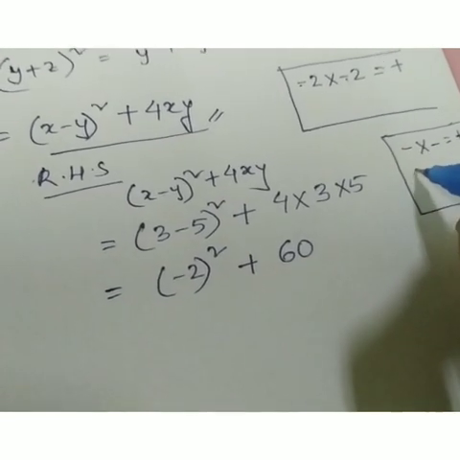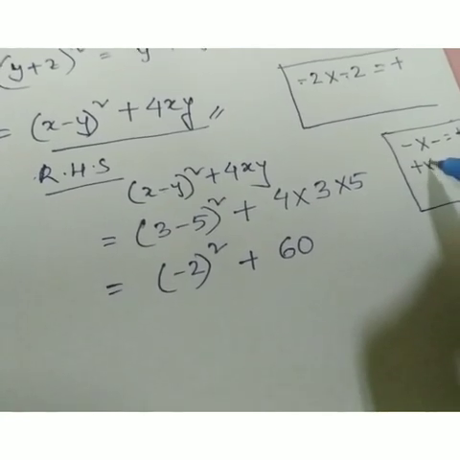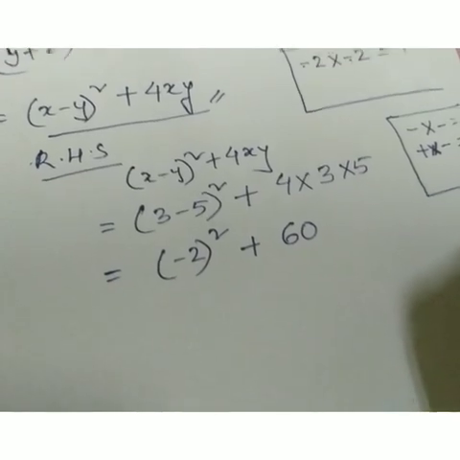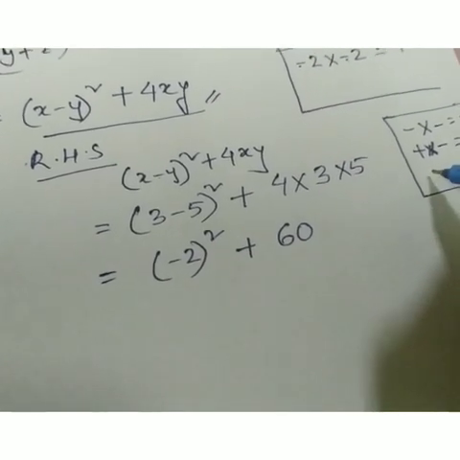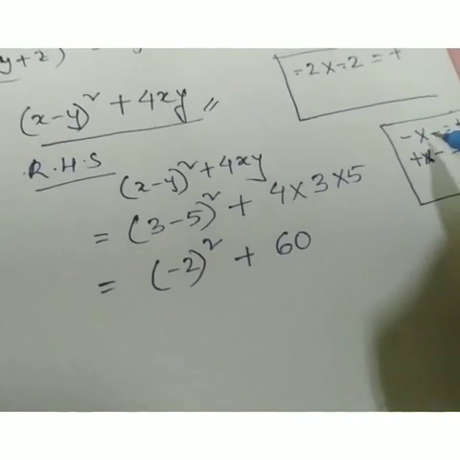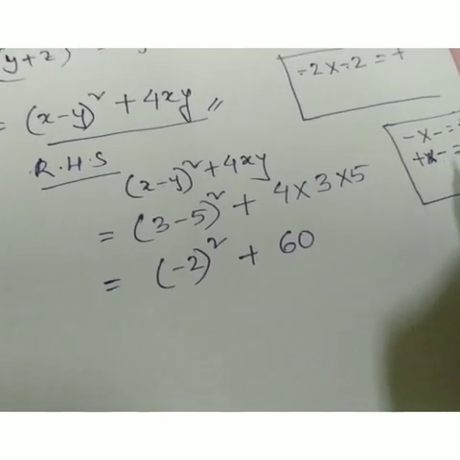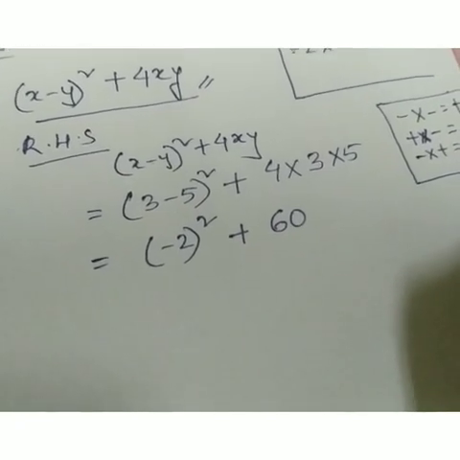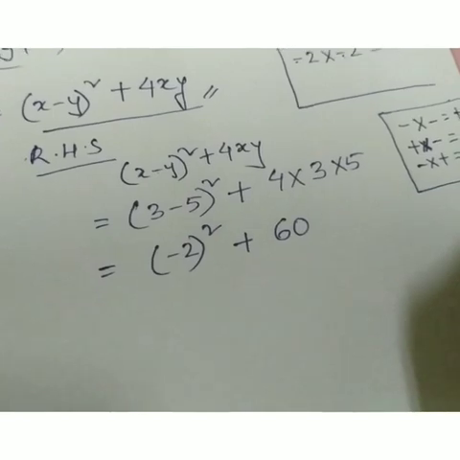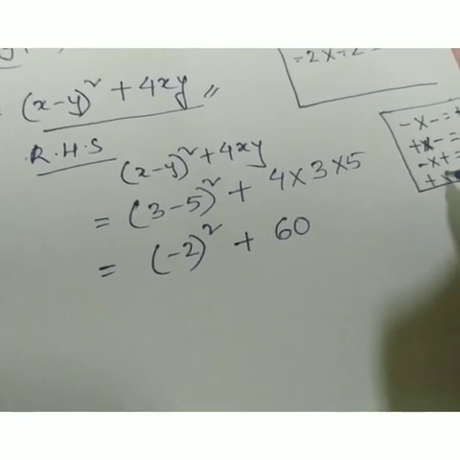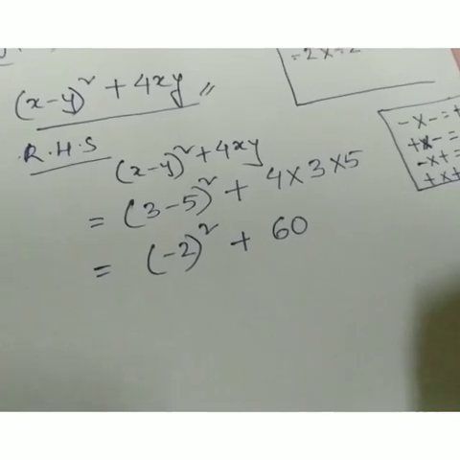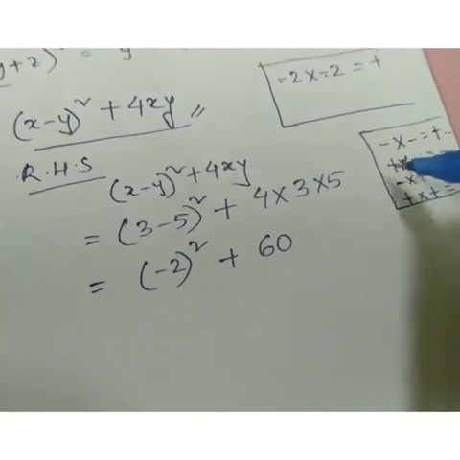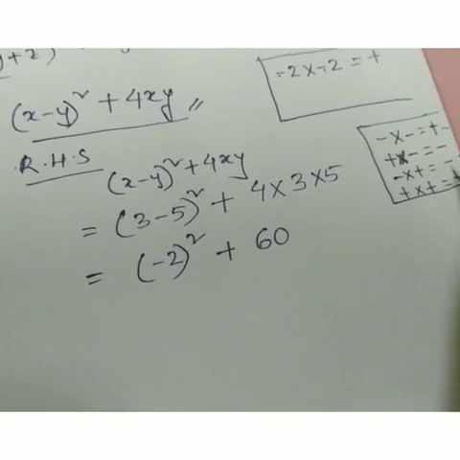If you multiply opposite signs, you always get minus. If you multiply same signs, you always get plus. So minus into minus is plus, plus into minus is minus, minus into plus is also minus, and plus into plus is also plus. Same signs multiplied, you will get plus. Opposite signs multiplied, you will get minus.